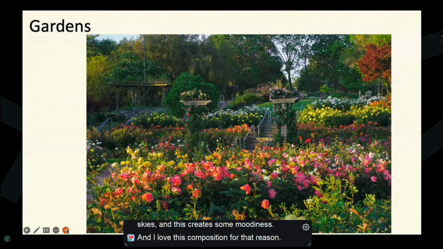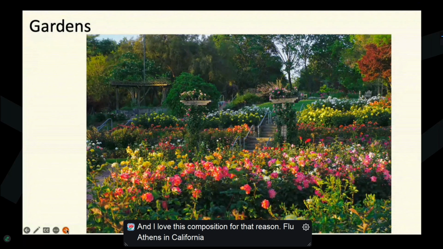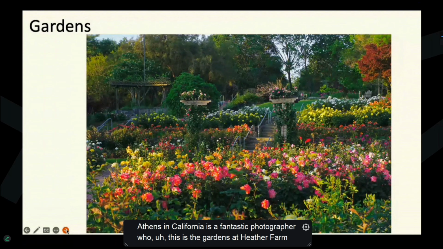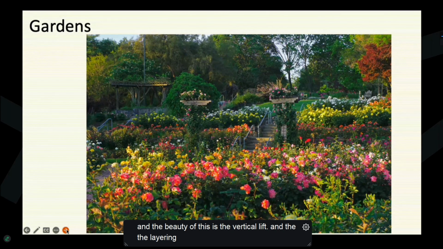Lou Evans in California is a fantastic photographer, and this is the gardens at Heather Farm. The beauty of this is the vertical lift and the layering. Again, this follows beautifully the rule of thirds. I just didn't mark it. And the way the lighting is working in this photo is unique.